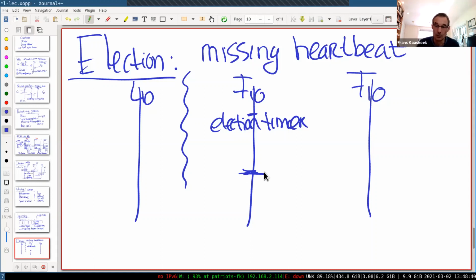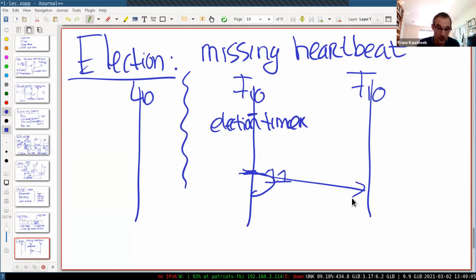Let's assume the first follower reaches that point first. It will increase its term number, so it will set the term number to 11. It will talk to itself, if you will, and vote for itself, and then contact the other follower, and also try to contact the leader.